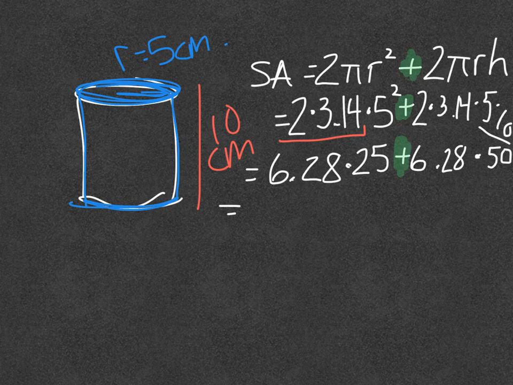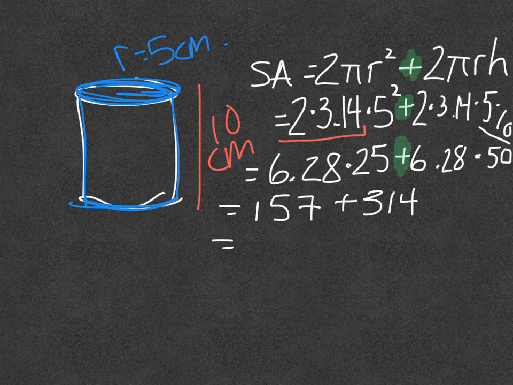So 6.28 times 25 is 157. And we're going to add that to 6.28 times 50, which is 314, which is double what that is, right? 314.